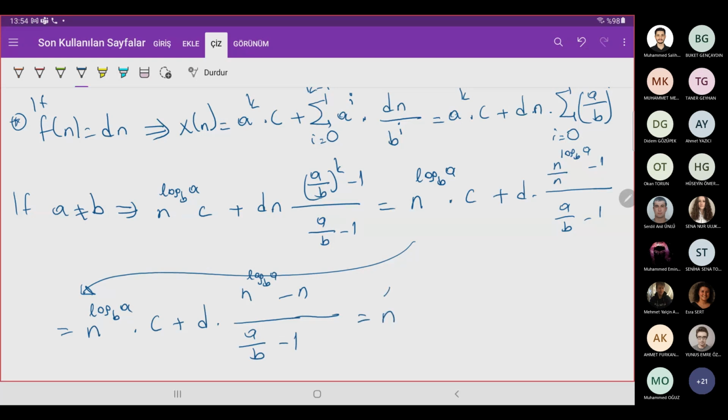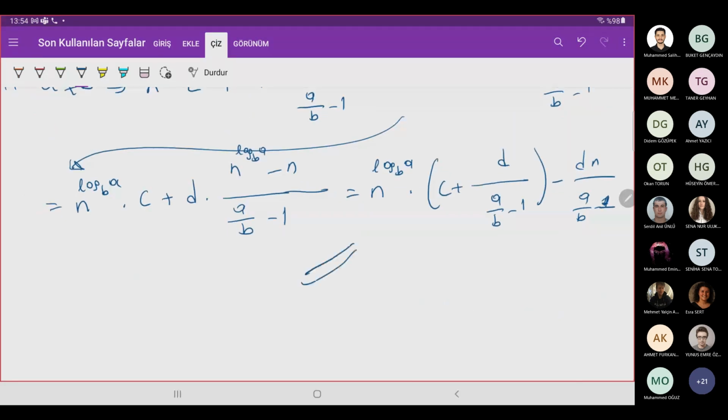This is n to the power log_b a times (c plus d over (a over b minus 1)) minus dn over (a over b minus 1). So this is minus 1.